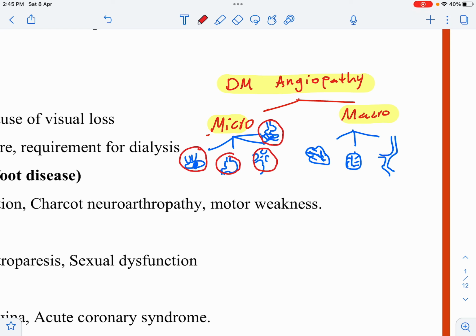The macro either involves the coronary circulation that leads to MI, heart failure, angina, or affects the cerebral circulation that leads to transient ischemic attack or stroke, and the peripheral circulation that leads to acute ischemia.